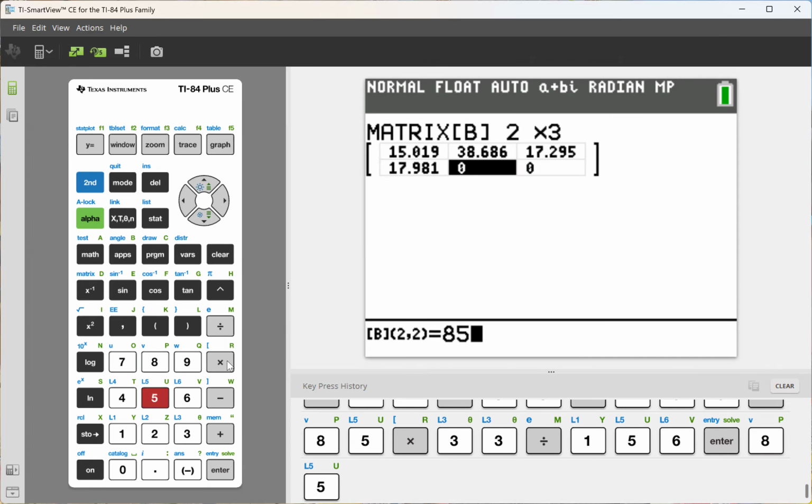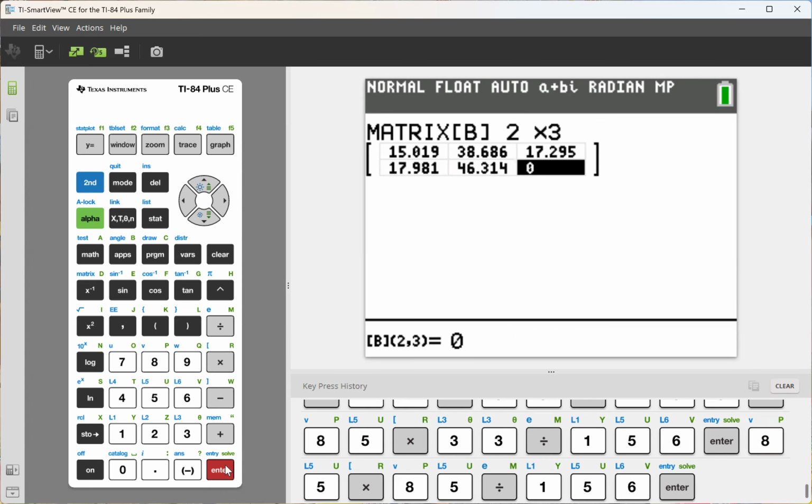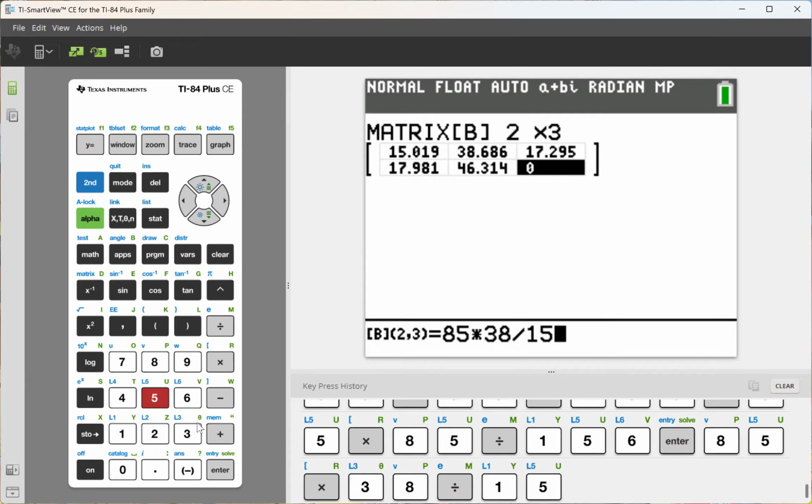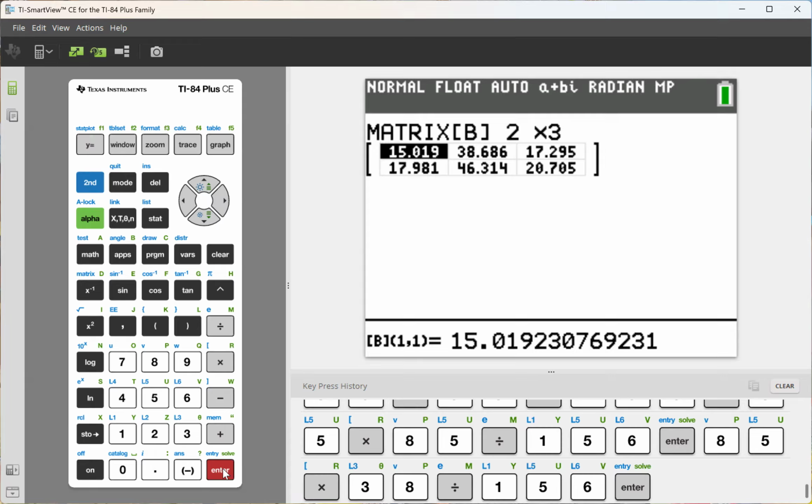The second column total was 85, divided by the total, which was 156. So we get 46.31. And then the row total was 85. The column total was 38, divided by the total, 156.